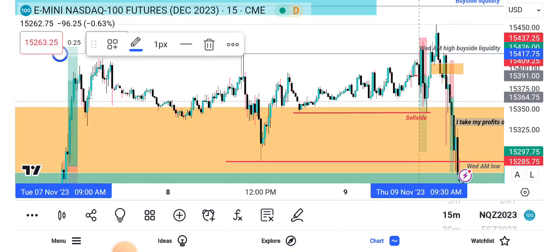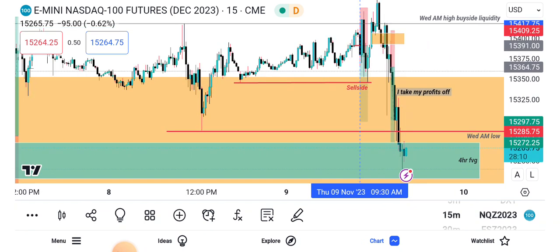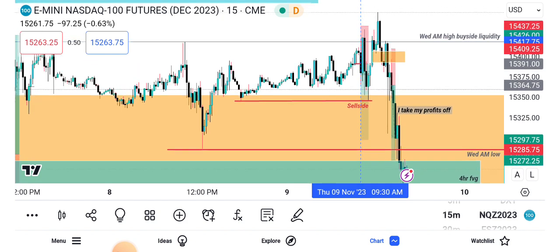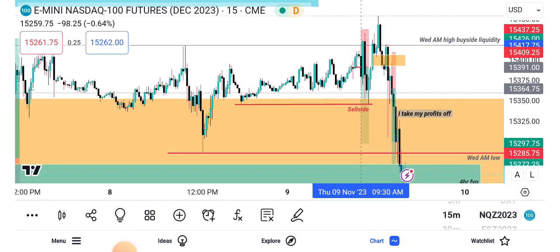I had noted them, and also noted this Wednesday AM low, which I should have marked together with the AM lunch low, because the lunch low is the same as the AM low. And I noted these relatively equal lows, you can see liquidity here below these lows.